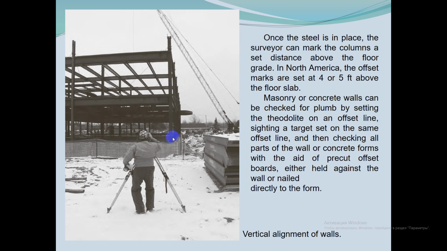Masonry or concrete walls can be checked for plumb by setting the theodolite on an offset line, sighting a target set on the same offset line, and then checking at parts of the wall or concrete forms with the aid of pre-cut offset boards, either held against the wall or nailed directly to the form.